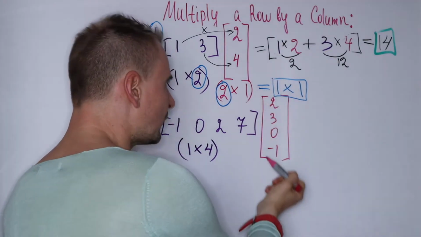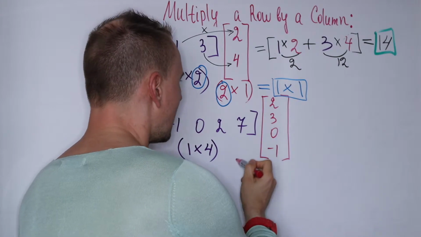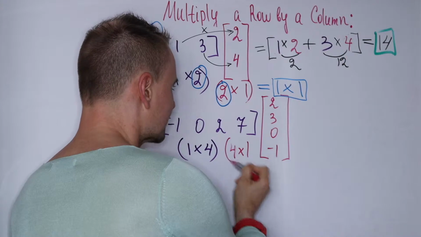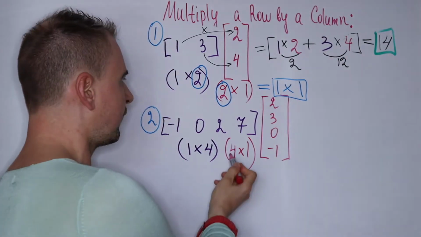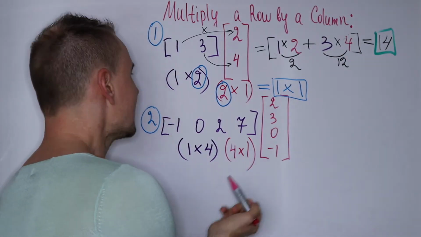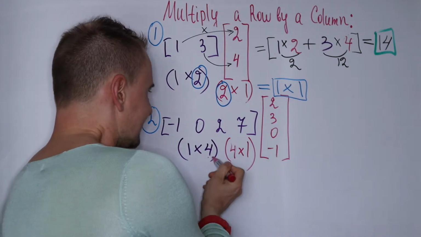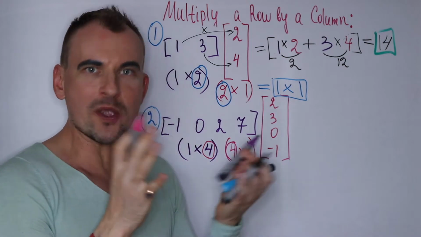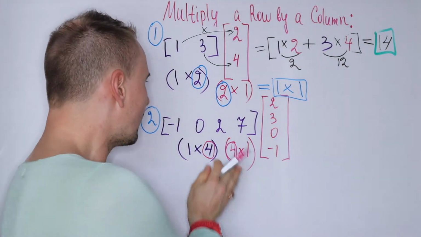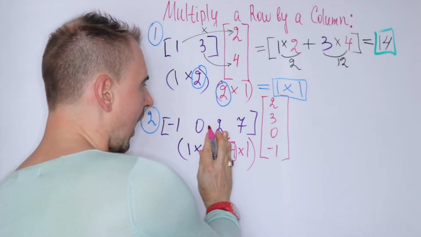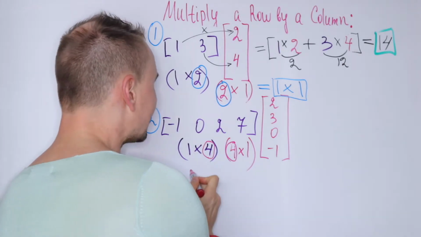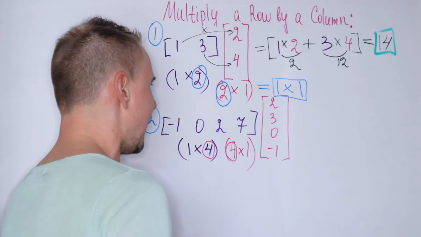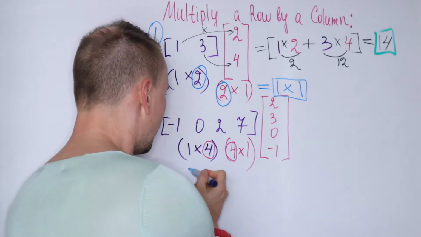The second one has 4 rows and 1 column, so its size is 4 by 1. Since the inner numbers match, we can cover them up, and the size of the resulting matrix would be 1 by 1.